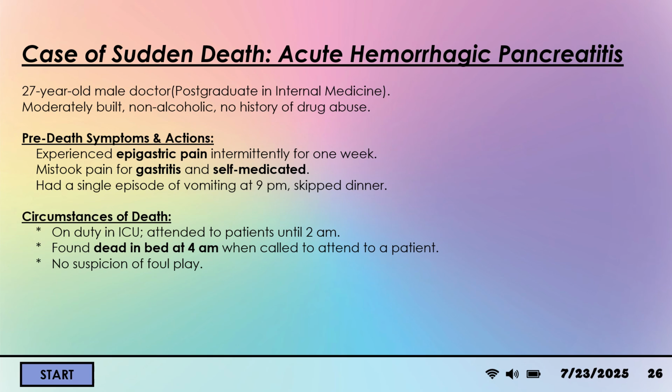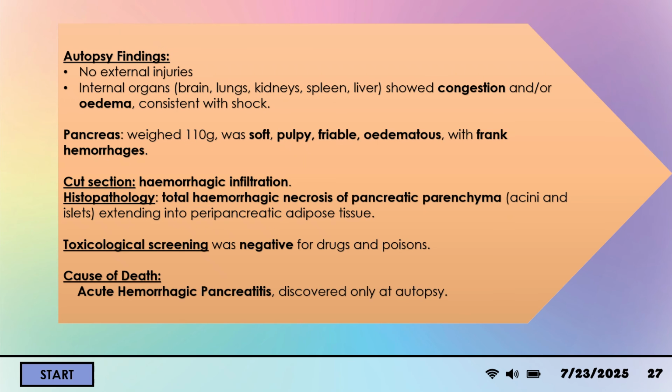This happened in a college, so they did a post-mortem for this person. These are the findings. This person was not an alcoholic and didn't have any comorbidities, and the autopsy did not show any external injuries, and all the organs, brain, lungs, kidneys, spleen, liver, showed congestion and edema consistent with shock. Special emphasis was made on the pancreas, which weighed 110 grams.